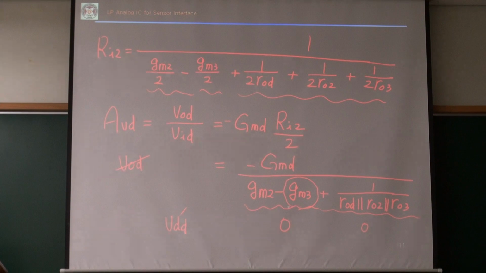Those GM values are related to the supply voltage. If I increase my supply voltage, the current increases, so my GM increases with VDD. So I can increase my GM3.